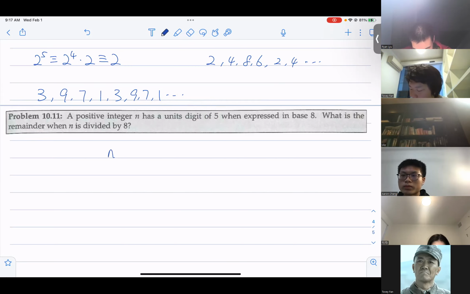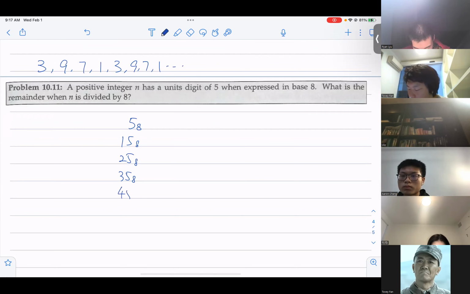Let's say n has a units digit of 5 when expressed in base 8. So it could be 5 in base 8, or 15 in base 8, or 25 in base 8, or 35, 45, 55, 65, whatever, okay?